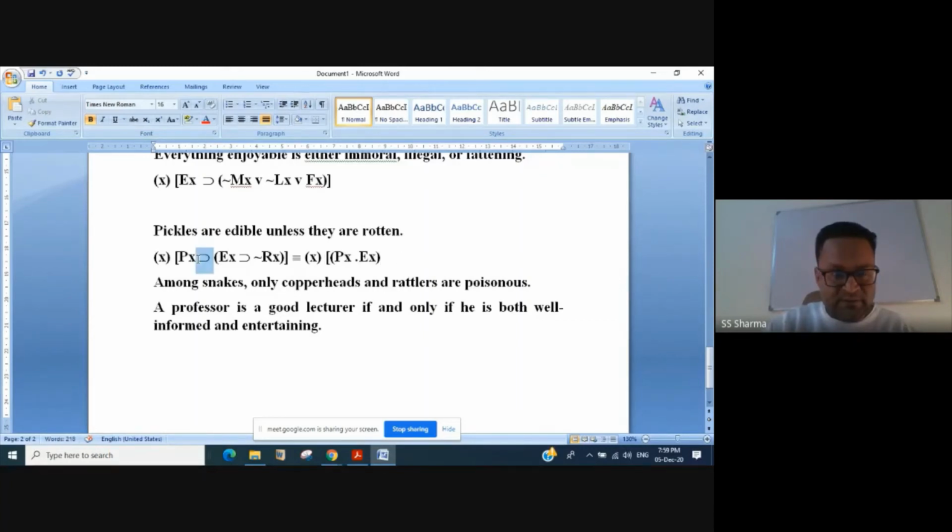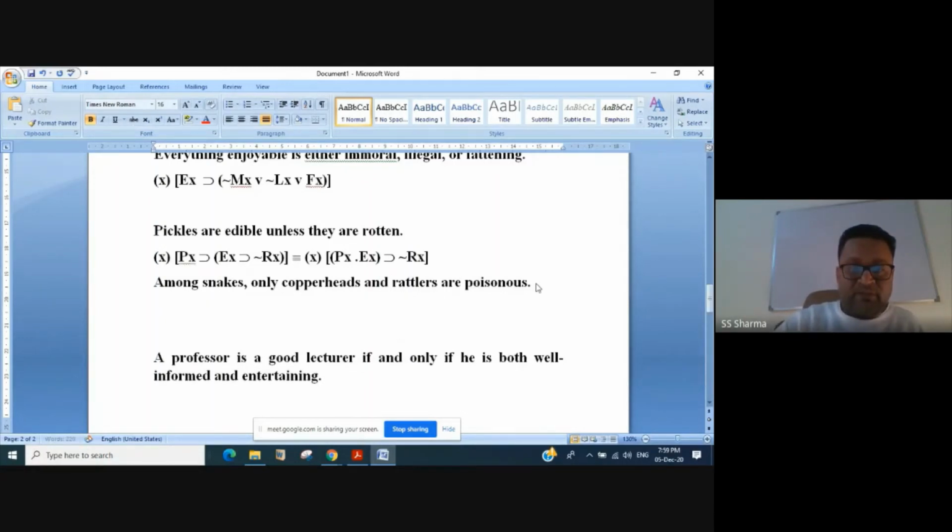So I will take this mark from here, I will put it here, and I can put it like this, right? So as you know that I have used exportation in this case, and both of them are equivalent expressions.